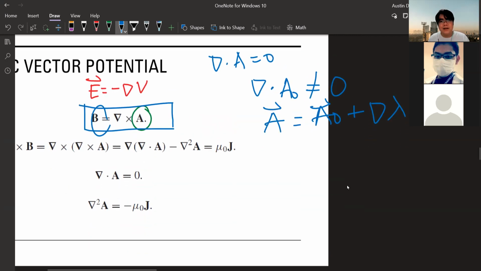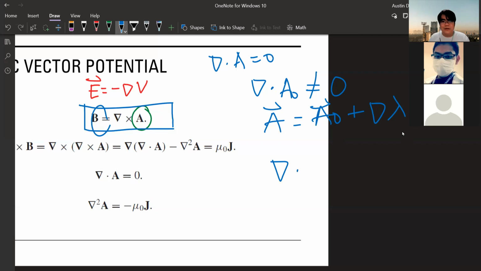Tingnan lang natin. Tingnan natin magagawa. So, kunwari nakahanap tayo ng A0 na hindi zero yung divergence niya. Okay, so, ngayon, try natin dagdagan yung A0 na yun by some divergence of lambda. And then, we can add anything. No? We can add anything. Mas madali lang to gamitin para mamaya makikita nyo.